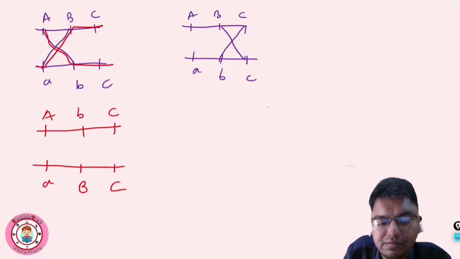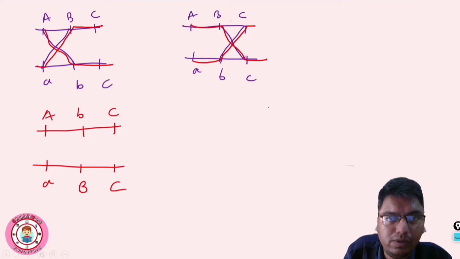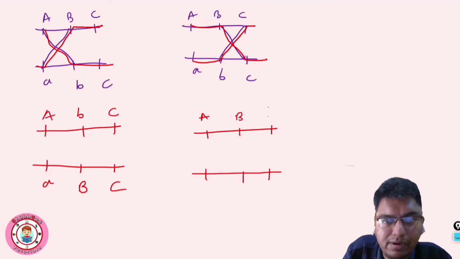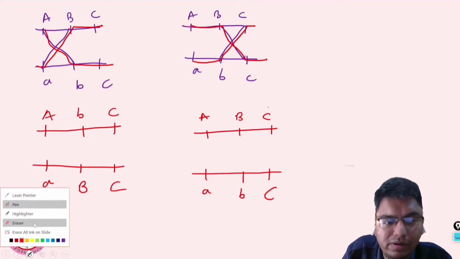In the first case, we got A, B, and this second: capital A, capital B, and small c. And here small a, small b, and capital C. Now double crossover.